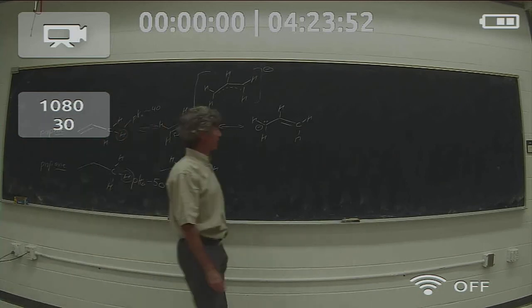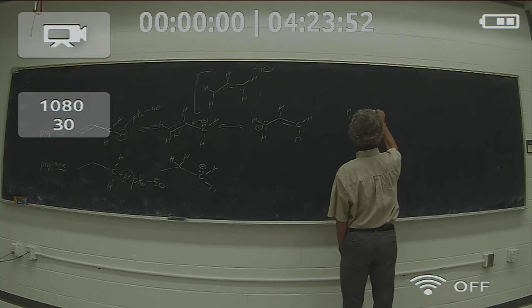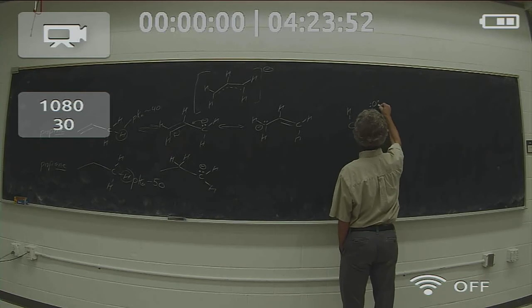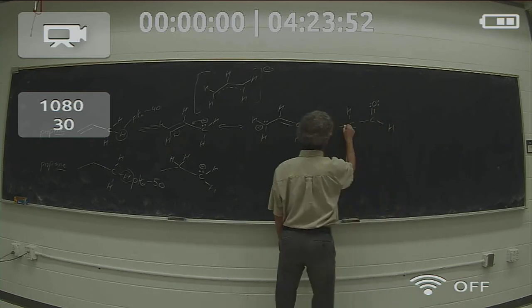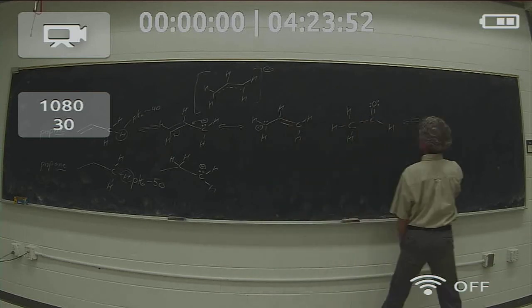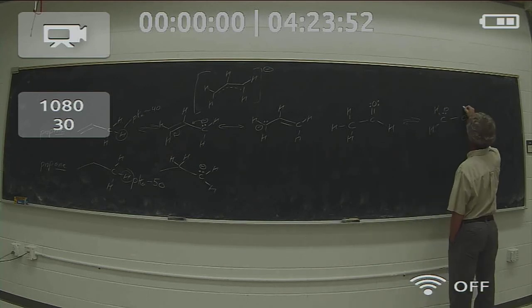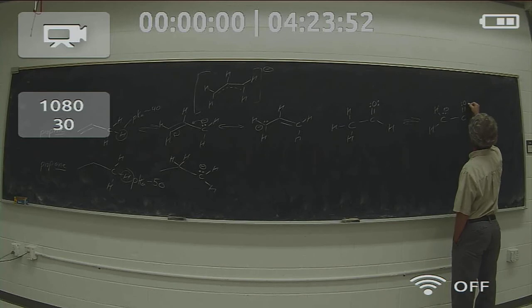You'll see the same thing, but to a greater extent, for hydrogens that are attached to a carbon-oxygen double bond. We use an aldehyde as an example here. So this will dissociate to form an anion. The anion is adjacent to a pi bond.